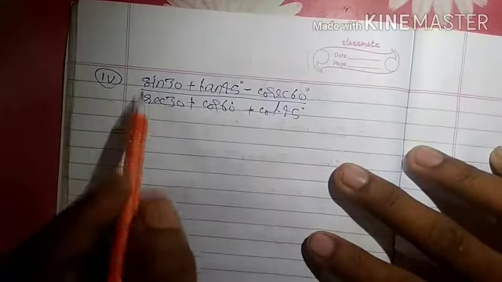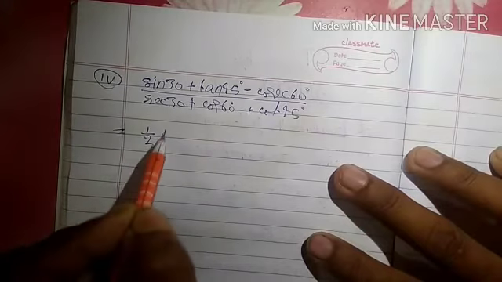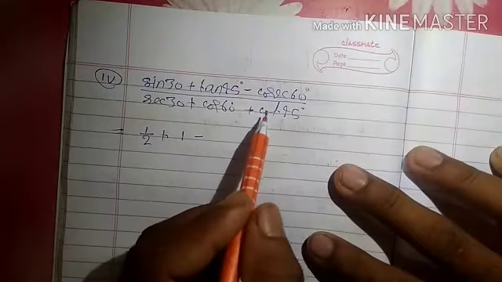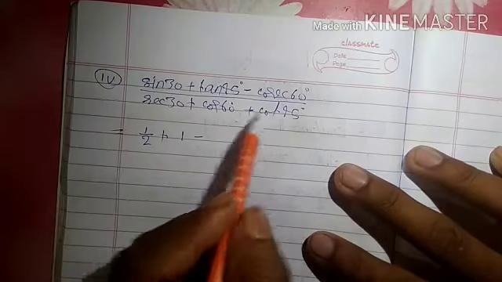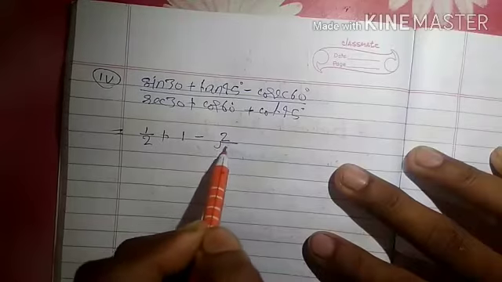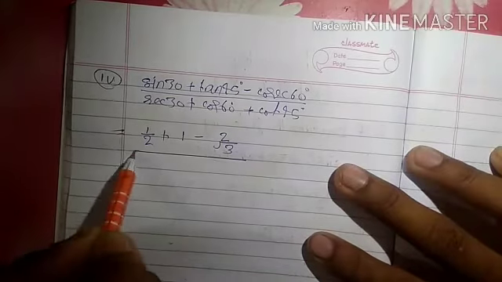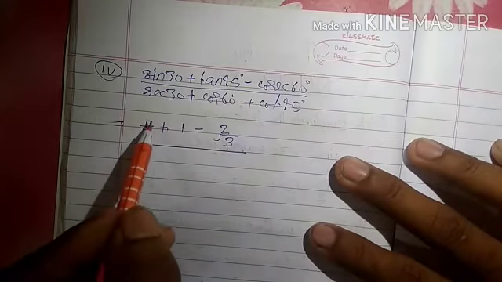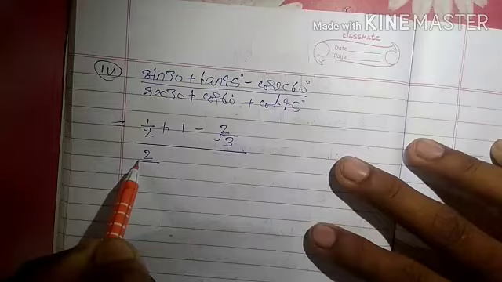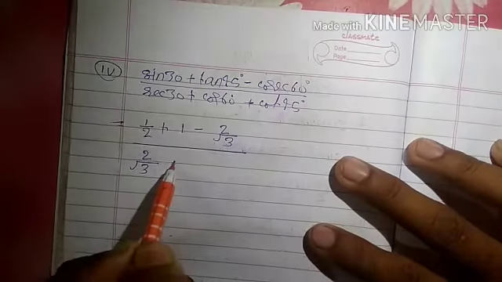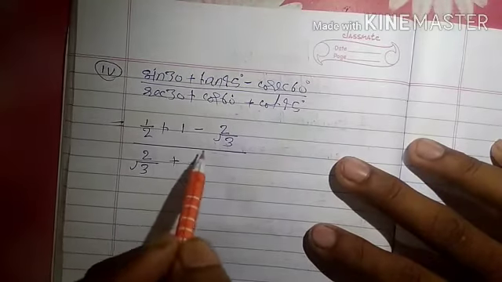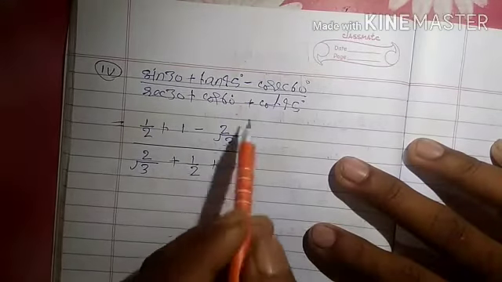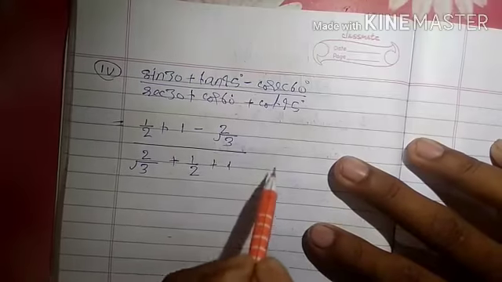So the value of sin 30 degree is equal to 1 by 2, plus tan 45 degree is equal to 1, minus cosec 60 degree. Cosec 60 degree is equal to 2 by square root 3. So we can write sec 30 degree, that is 2 by square root 3, plus cos 60 degree is equal to 1 by 2, plus cot 45 degree is equal to 1.